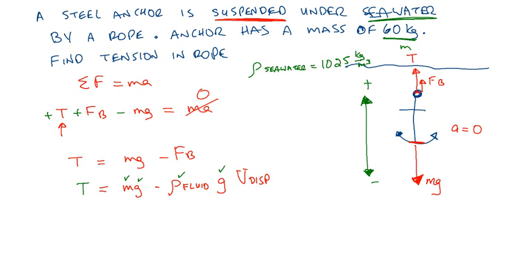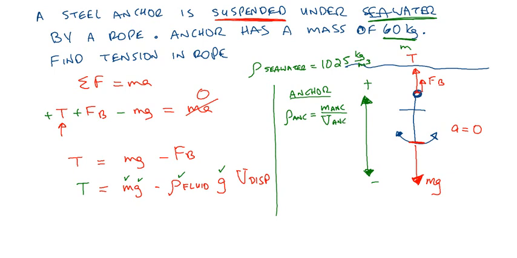So anytime you get stuck in one of these problems, what you've got to do is say, okay, I want to think about the anchor. For the anchor, the density of the anchor is equal to the mass of the anchor divided by the volume of the anchor. And you can see where this is going.